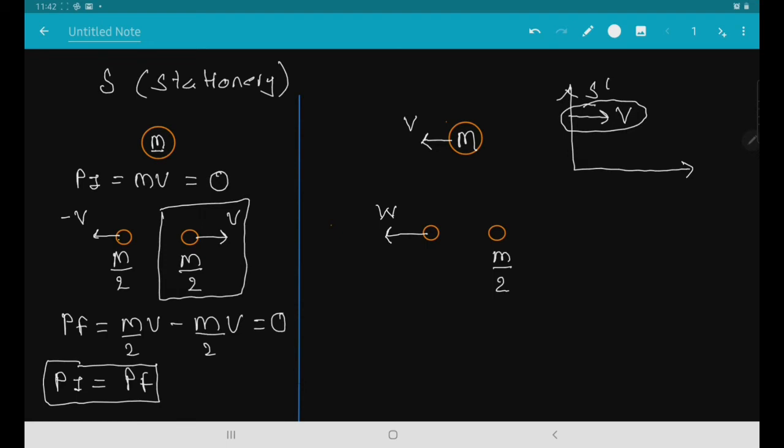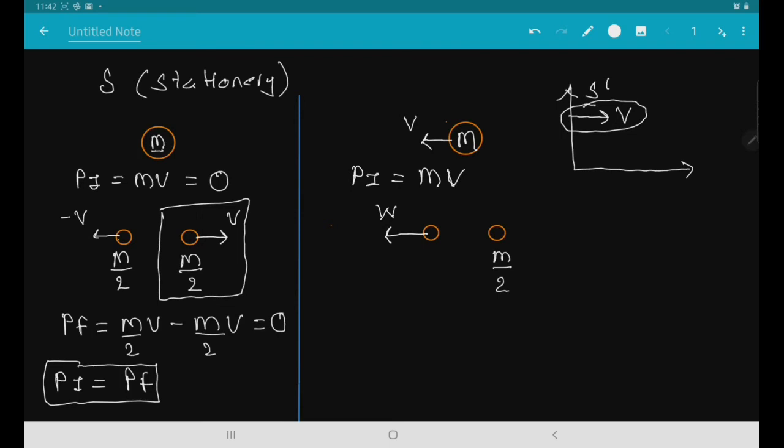Now, what we want to check is whether the law of conservation is followed in this frame of reference also, by using Lorentz transformations. The initial momentum will be mass into velocity.